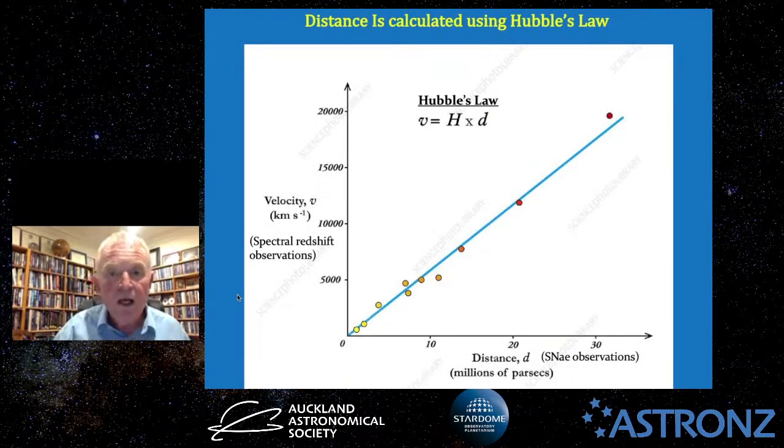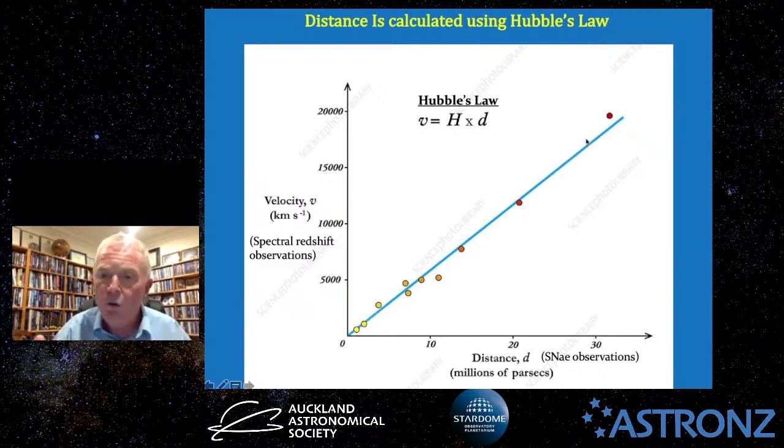And we showed you this Hubble's law diagram, a very famous diagram, and it shows this beautiful relationship that Edwin Hubble discovered in the early 1930s. If you plot distance in parsecs along the x-axis, and on the y-axis, through measuring spectral redshift observations, you measure the receding velocity, you get a nice little beautiful straight line.